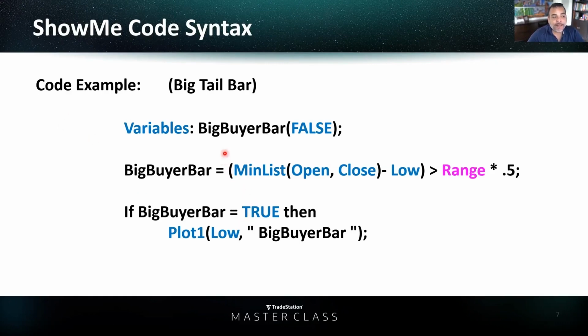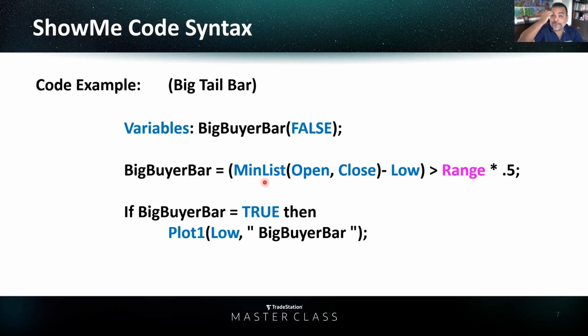The way that it does that, once you declare the variable you want to use, the next step is to assign what the formula is going to be for that variable. And here, it's clear that we're looking for the lowest between these two. Notice this reserved word is MinList.